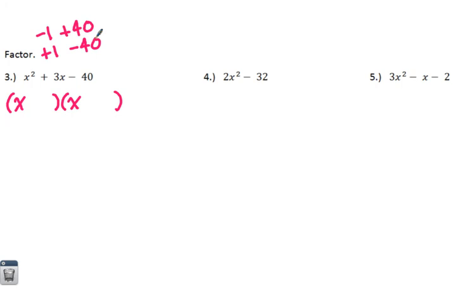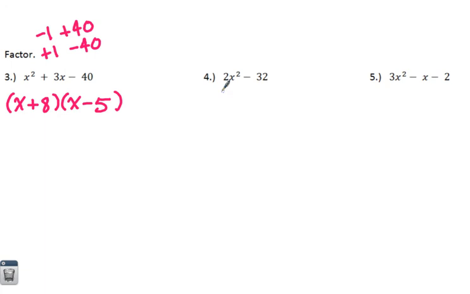You move on to like 2 and 20, one's plus, one's minus, to see if that works. But eventually, and it hopefully doesn't take you forever, but you just got to be patient and not give up so easily. Hopefully you figure out that it actually is plus 8, minus 5. Okay? That's the answer. X plus 8, X minus 5.